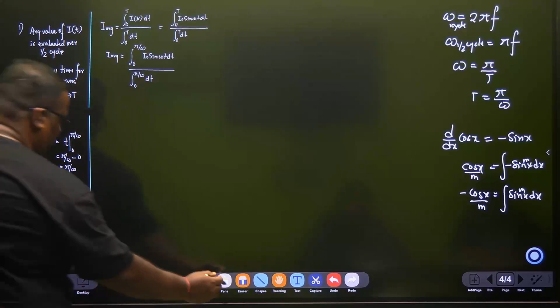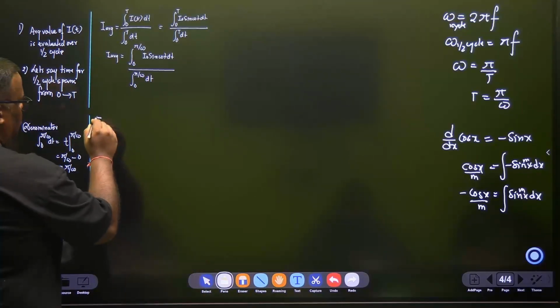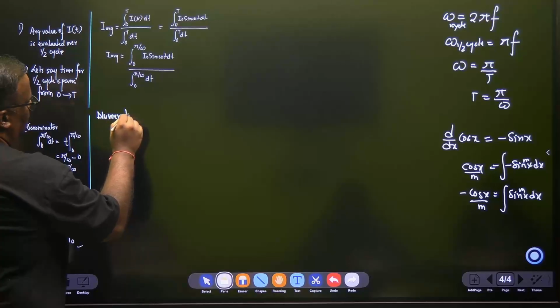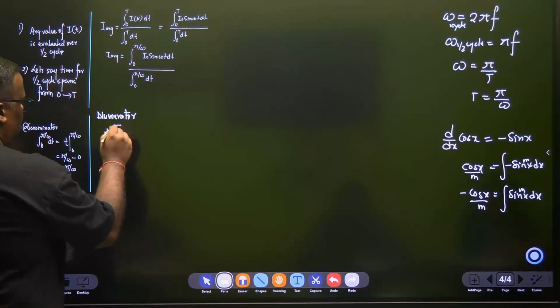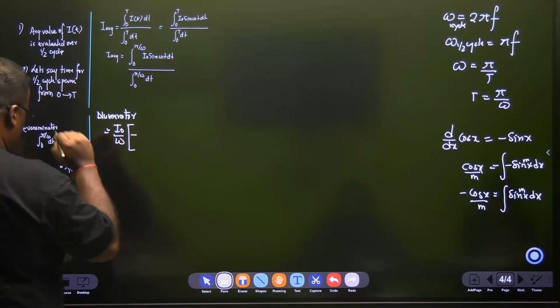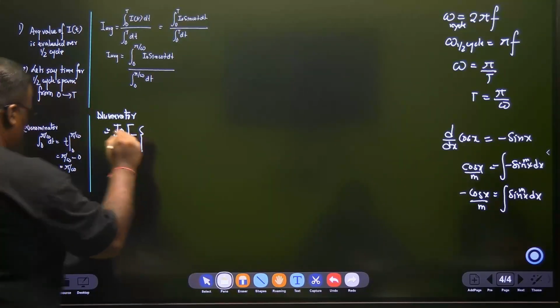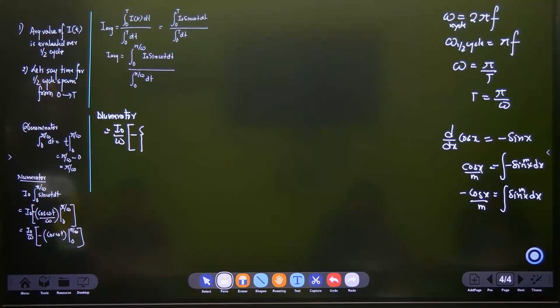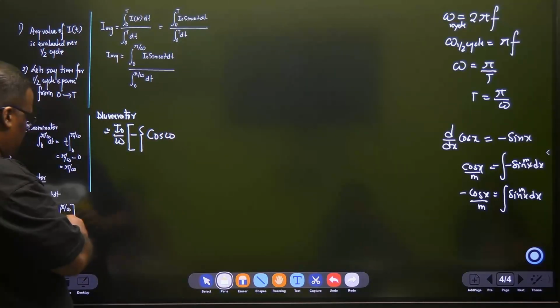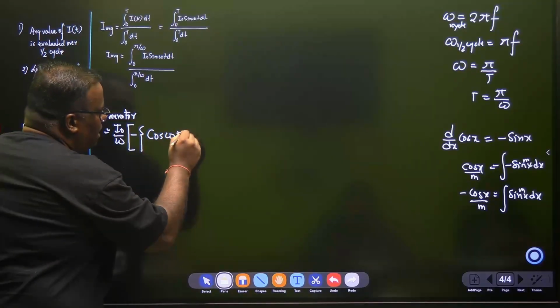So proceeding further, I'm still calculating my numerator. My numerator is now I naught by omega, bracket open, negative. Now just see, upper limit minus lower limit. What is the upper limit? Cos omega, and instead of t, I am writing pi by omega.